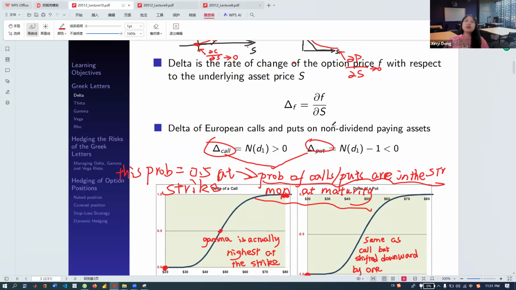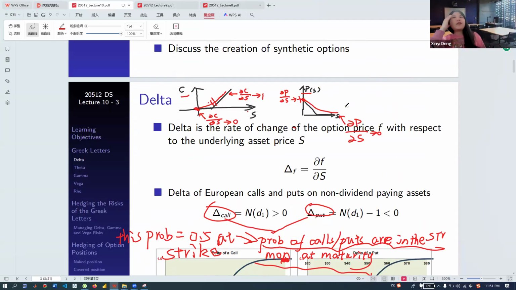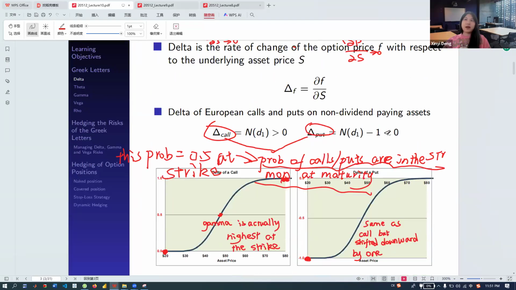And then let's also take a look at the scenario for the put option when it is deep out of the money. From the total value of the put options, we know that it's approaching the x-axis. Therefore, that slope is approximately 0.